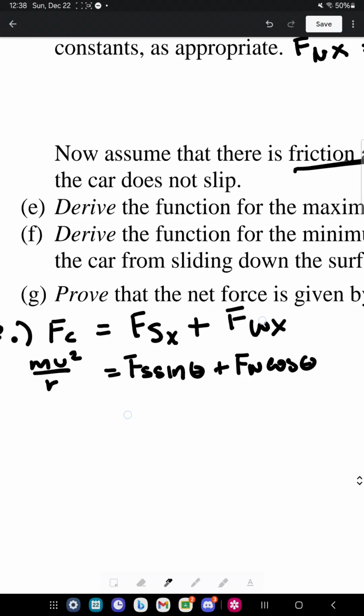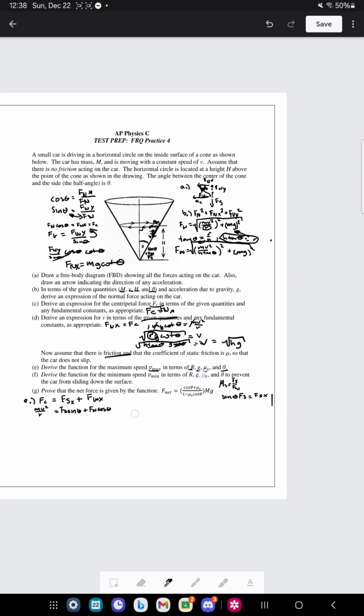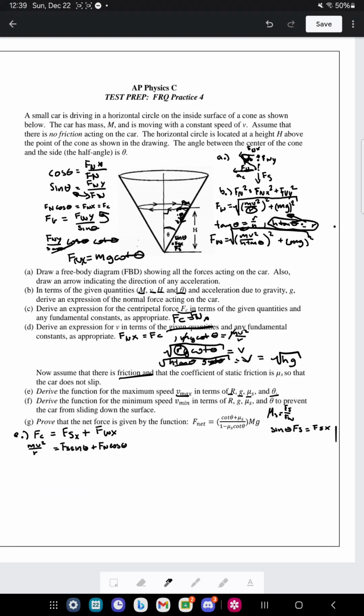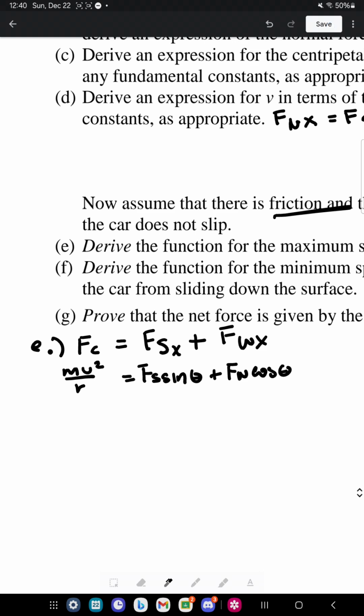So I'm going to separate F of s sine theta into mu s F of n sine theta and F of n cos theta, and that equals m v max squared over r.